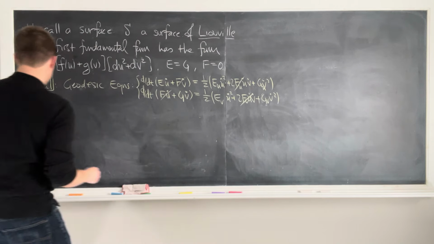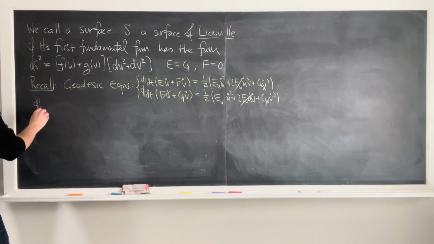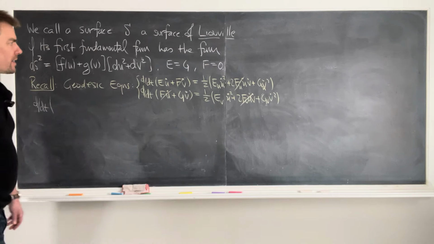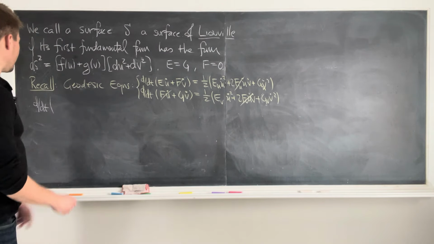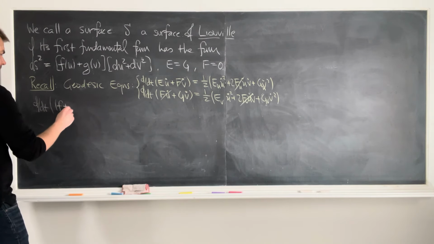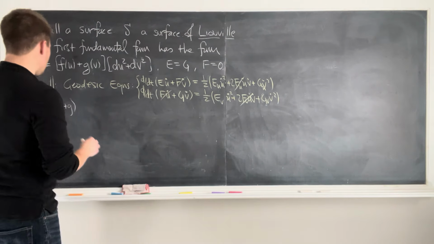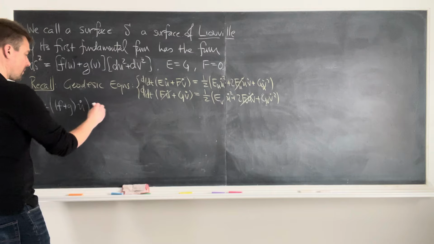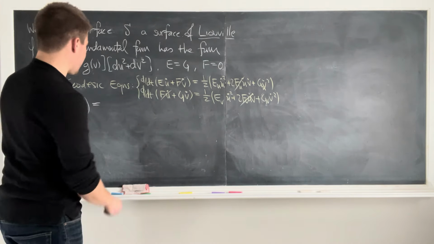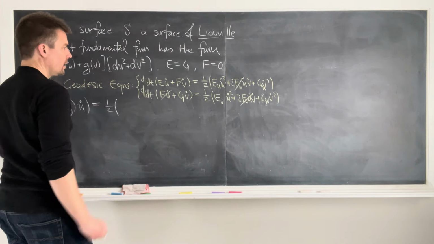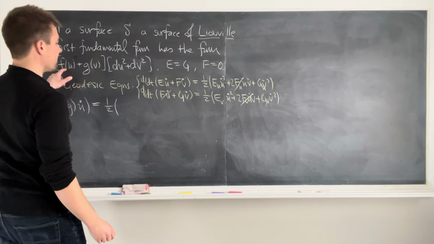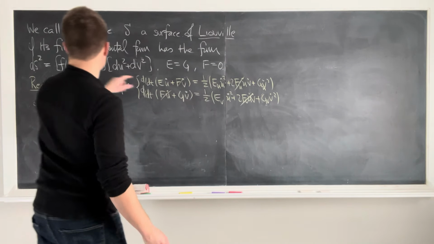And so our geodesic equations are going to simplify to what? The first one is d by dt of what? Now E is just going to be f plus g, right? I'm going to suppress the variables over here. Then that's going to be a u dot is equal to 1/2. E sub u is f prime of u, and G sub u is f prime of u.